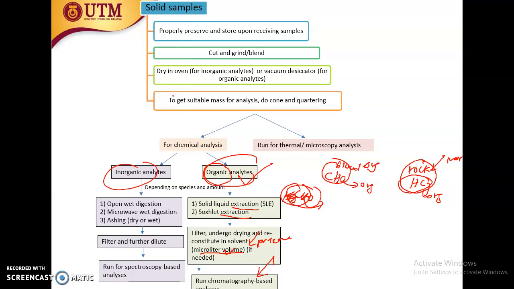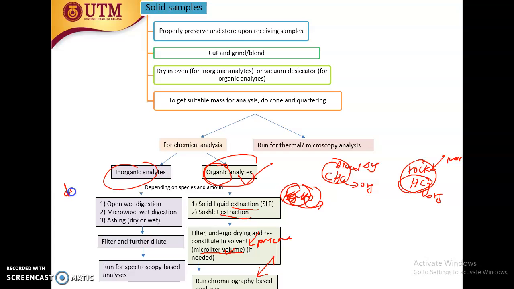Then what if you have inorganic analytes? Inorganic analytes can withstand high temperature, harsh conditions and high pressure, so you have to use very high temperature or very high pressurized conditions to digest out.